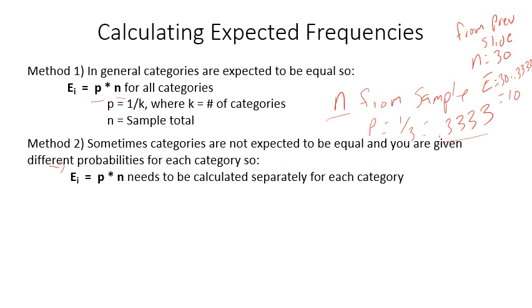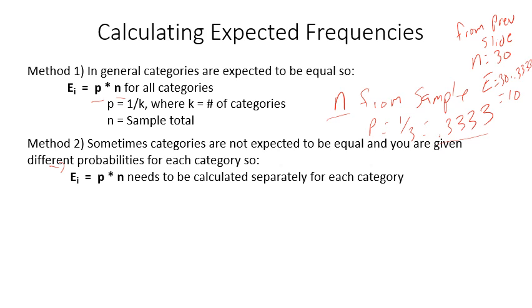Well, then you've got a different probability for each one, 0.4 for Ford, 0.3 for Chevy, 0.3 for Toyota, and you multiply each of those by n. 0.4 times 30 would be 12, 0.3 times 30 would be 9, so the expected would have been 12, 9, and 9, rather than 10, 10, and 10. That is, if you're given probabilities for each category.